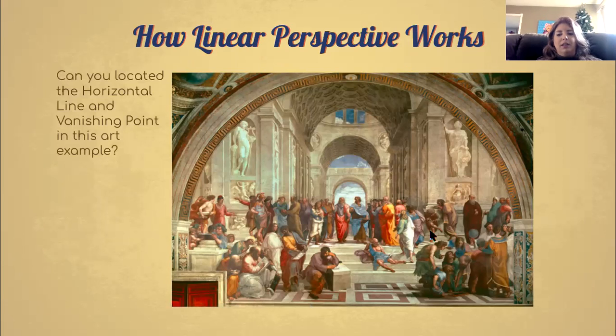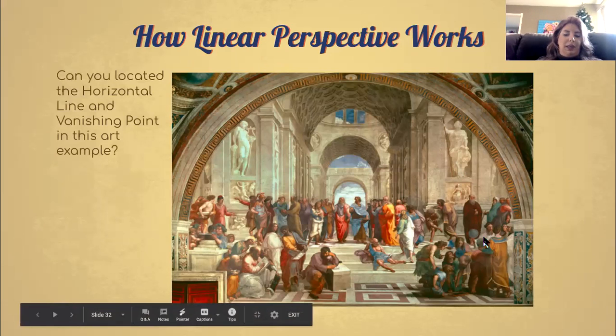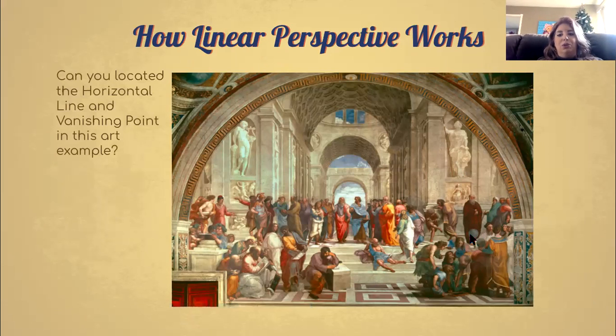Okay, now guys, this is a painting that's very, very well known, as well as many others. And why? Because again, it's using 1-point perspective to construct the depth that we see in this painting here. Okay, so can you locate the horizon line and the vanishing point in this art example?